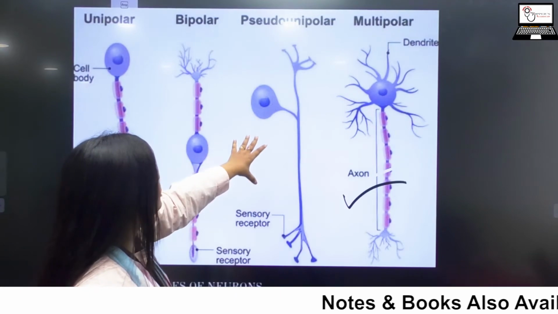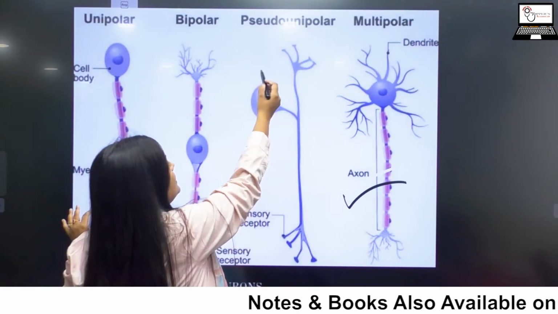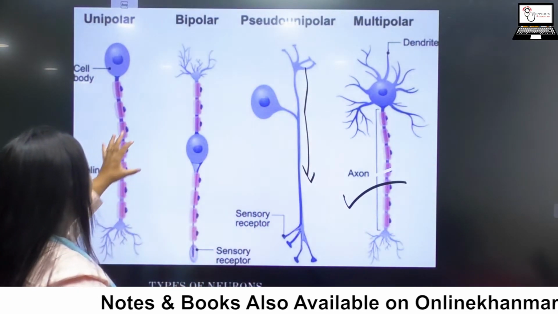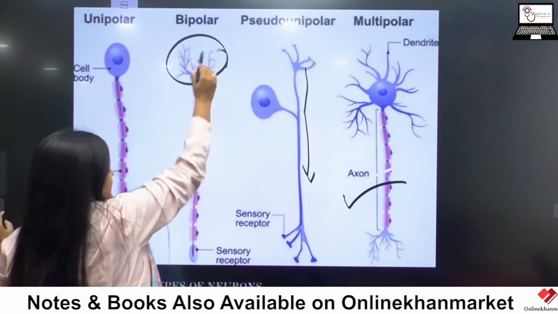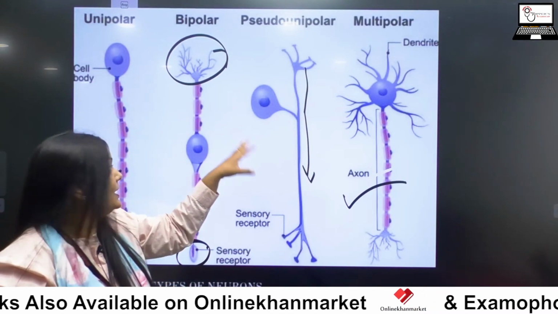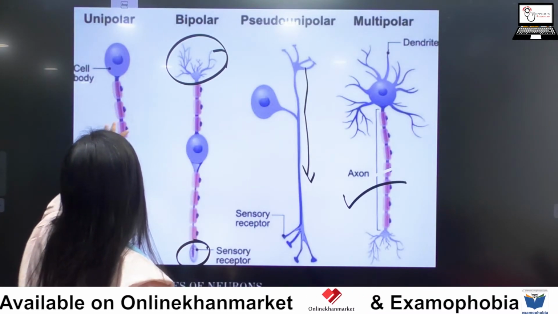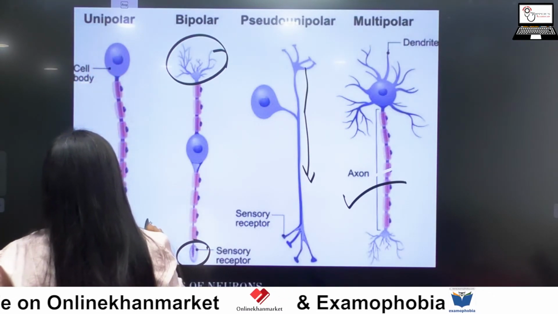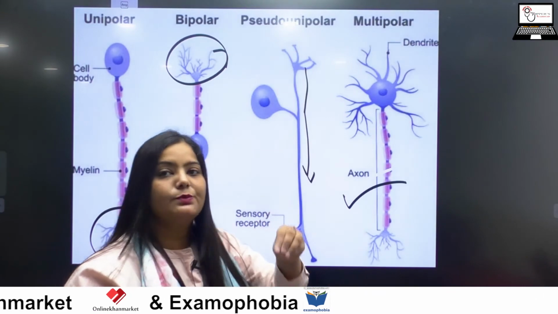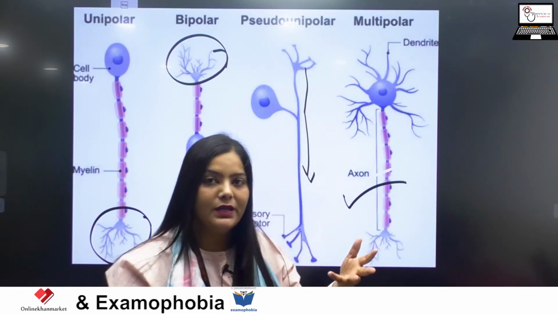But in the pseudo-unipolar, you cannot notice the dendrites, just the axon dividing into two. In the bipolar, it has some dendrites and also a part of the axon. This you can see in your eyes. And in the unipolar, there is no dendrite and more of the axon portion is present. This is most common in invertebrates.